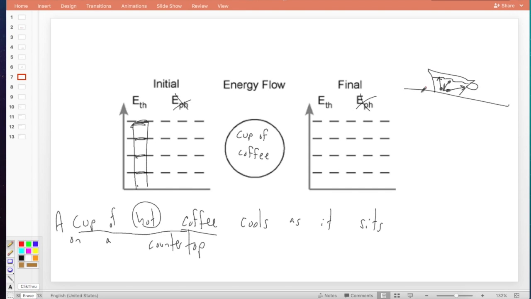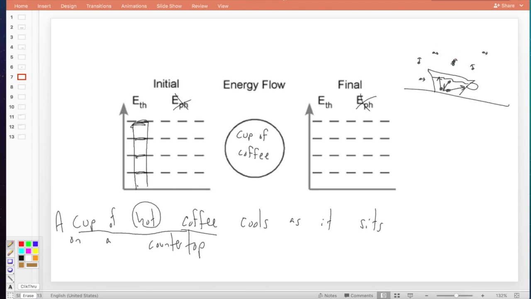We could draw all those particles and how they're moving. All of those substances are probably going to be moving a little bit more slowly, but which one do you think has the biggest impact? Probably the air, because there's more of it all around the coffee cup. So you'll notice that I'm drawing the particles of the air, these gas particles, moving more slowly.